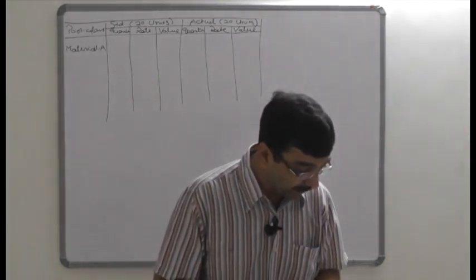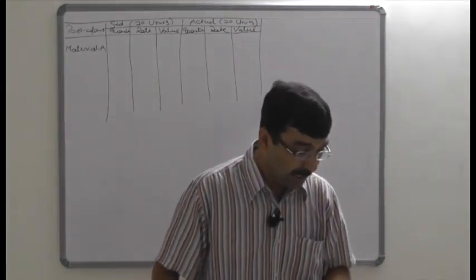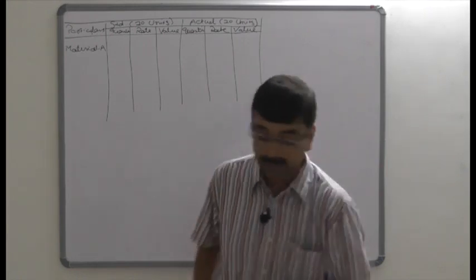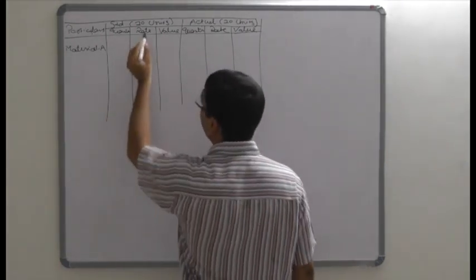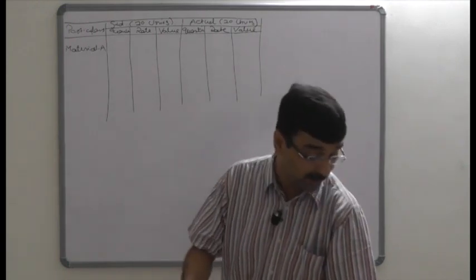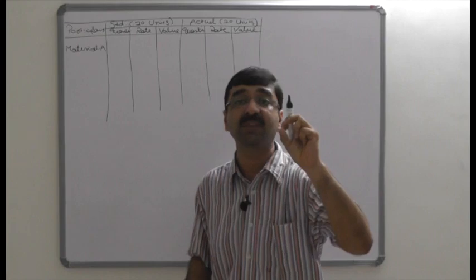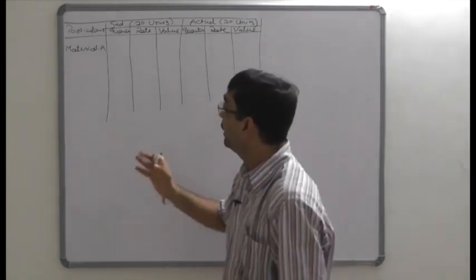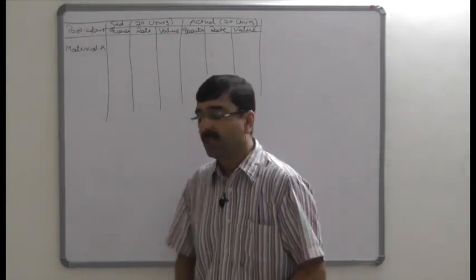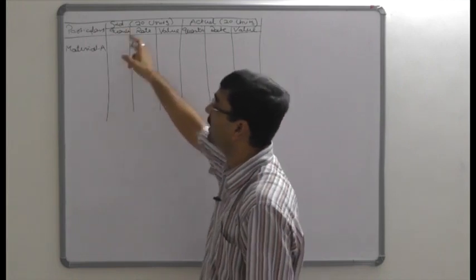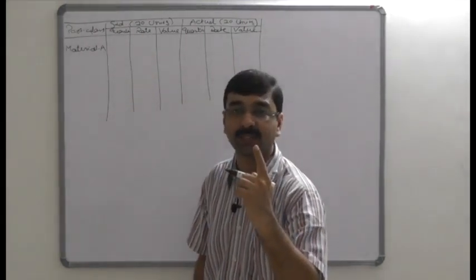It is given for material A is 60 units at the rate of 15 per unit. So 60 units is required, 60 kilograms of material or whatever, 60 quantity. Its quantity has not been mentioned in a specific unit. We assume that it may be 60 kilograms. So 60 kilograms of quantity is required for 1 unit of manufacturing.